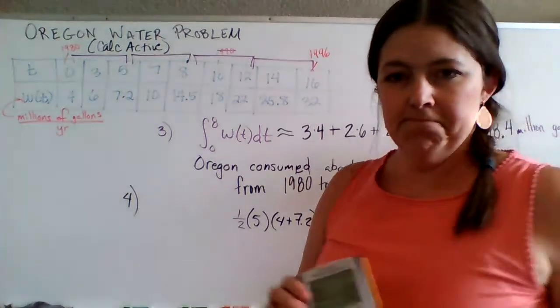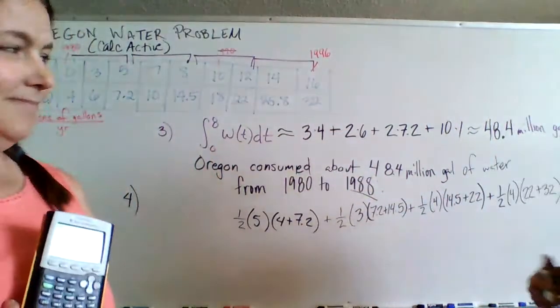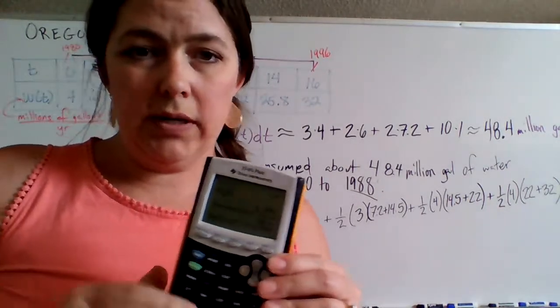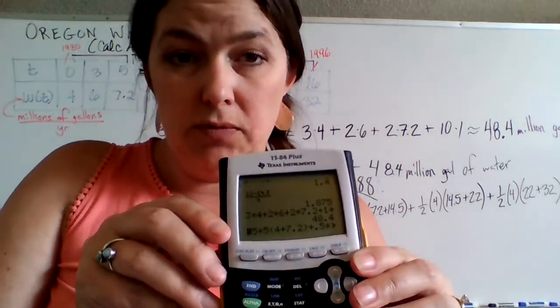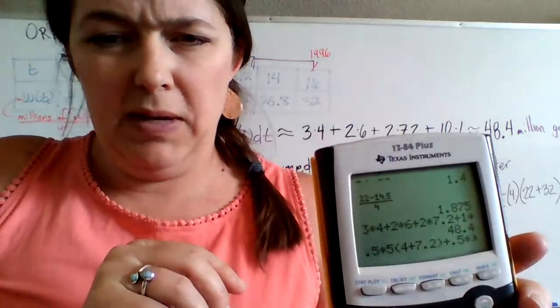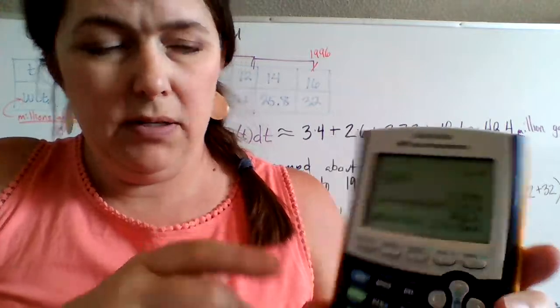Okay, now we're not done with this problem. That was just our trapezoid approximation. And you can't do the shortcut because you don't have equal intervals between your differences for x. So I went ahead, because we already had some decimals going on, and did the 1/2 part as just 0.5.